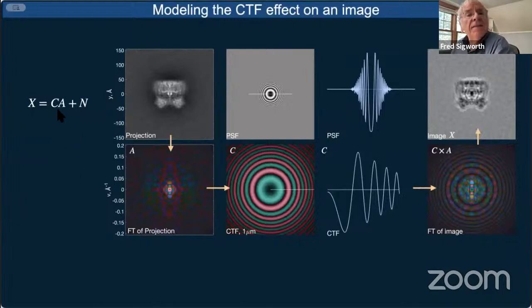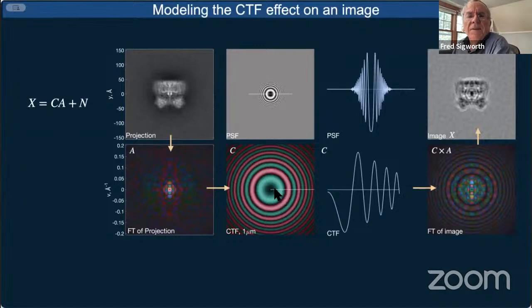We say that the image is the contrast transfer function operating on the true image plus added noise. Let's suppose that this is the true image. There's its Fourier transform. There is the CTF. We multiply those two and we get this thing. And if we then transform back, we see the image is modified by the CTF.